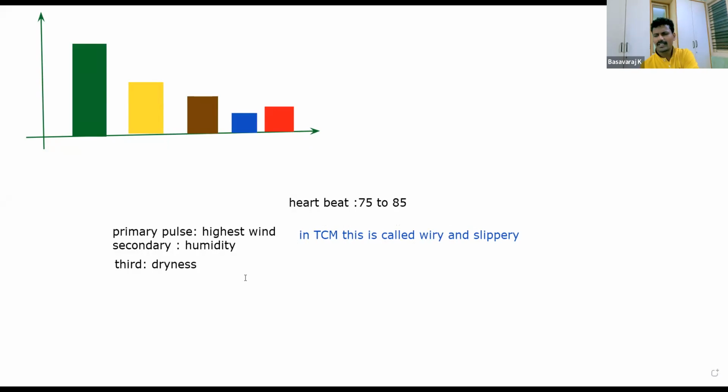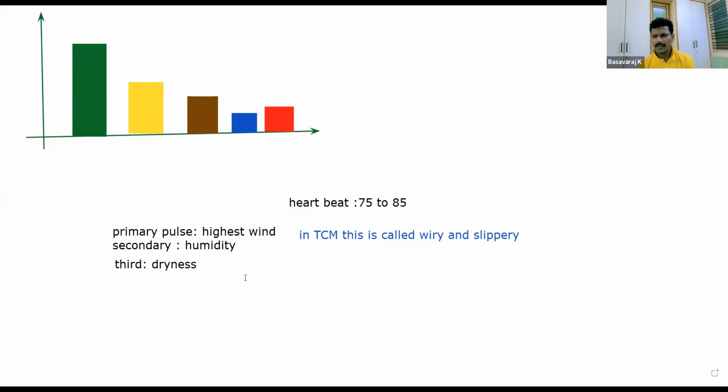You get a thin pulse when your blood vessels or radial artery are not filled with enough fluids or blood.